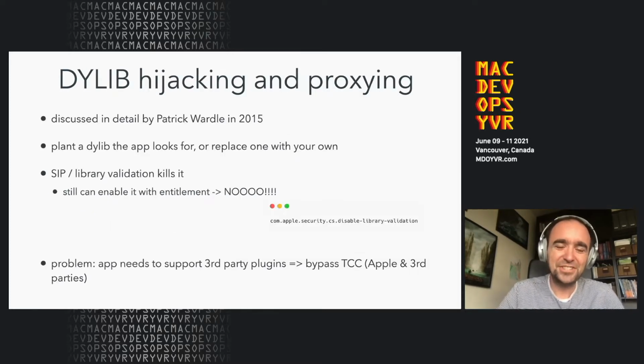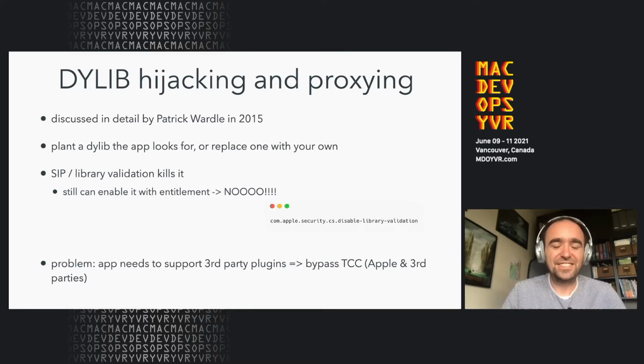The next big chunk of process injection is dylib hijacking and proxying. This was discussed in great detail by Patrick Wardle back in 2015. The basic idea here is that we plant a dylib that the application is looking for, and the application will load our dylib. We can also replace a dylib inside the application, and in that case it's called a dylib proxying attack.